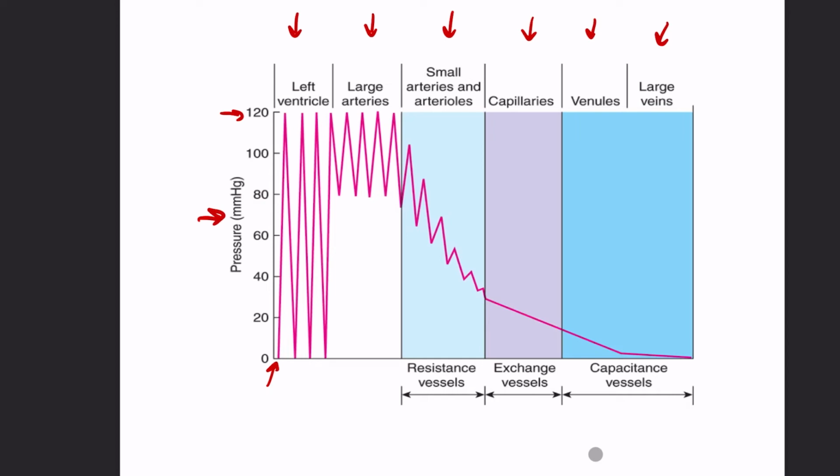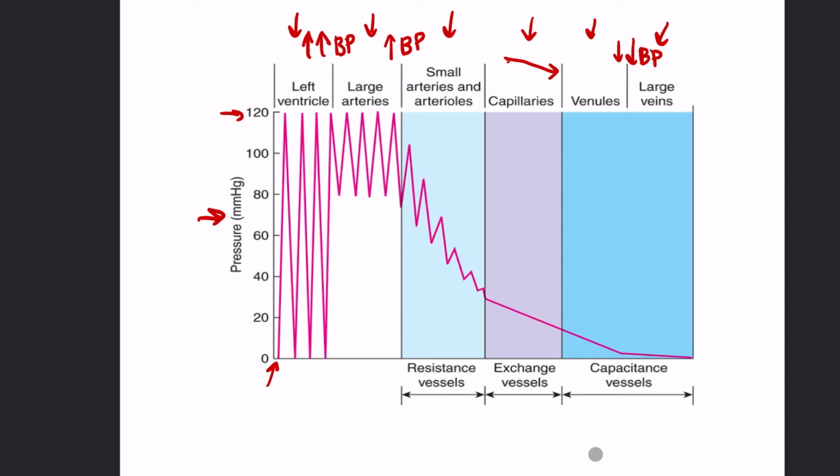And then we have our large arteries, and then they move away from that, our smaller arteries. But notice that blood pressure is high. High blood pressure from the heart, still pretty high here. And then from the capillaries to the veins, very low blood pressure.